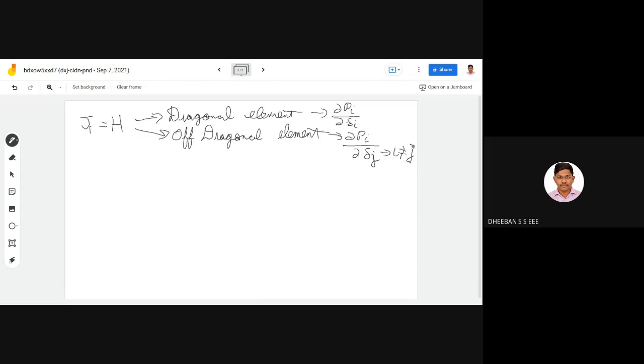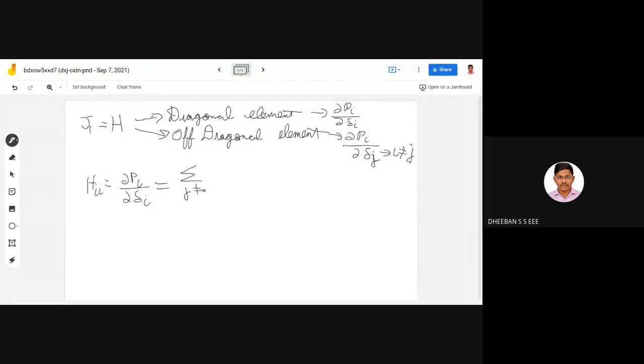Now we will be defining this. As per what we have defined, H, that is H i i, is equal to dou P i by dou delta i, which is what we have seen in Newton Raphson.